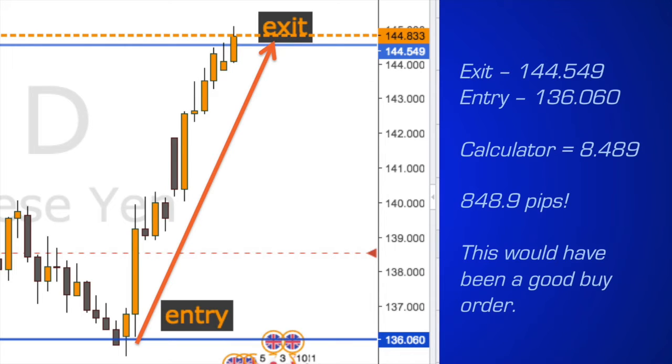If you did the math, you should have got something like this, 8.489 in your calculator. So now if you slide the decimal over 2 places, that's 848.9 pips. Woo-wee! And by the way, this would have been a very good buy order. You wouldn't have gotten something like this unless you were doing like a long-term order.